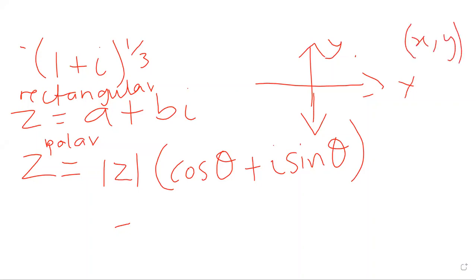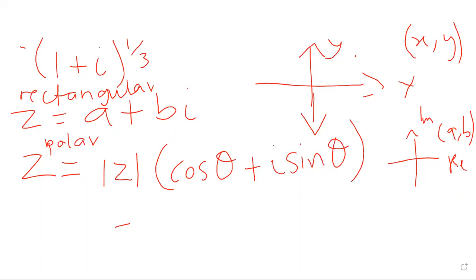In this case, a plus bi is a comma b in the imaginary and real plane. If I draw my imaginary and my real axes, this is where a point a comma b would be. That's why it's called rectangular. I hope you understand that.